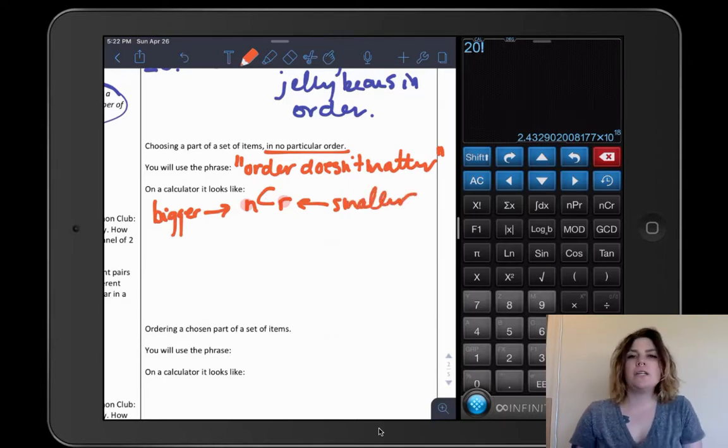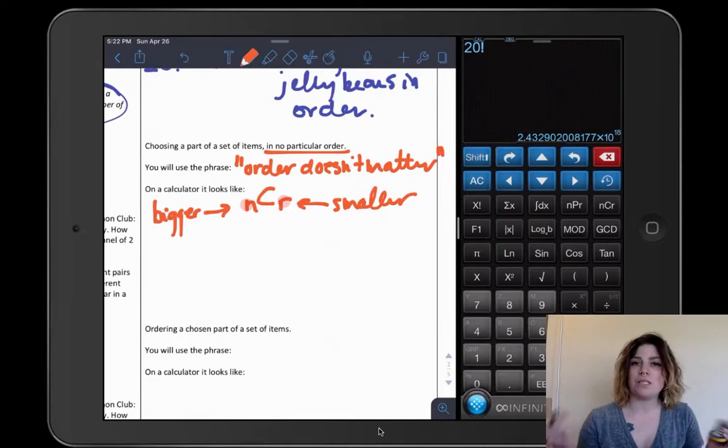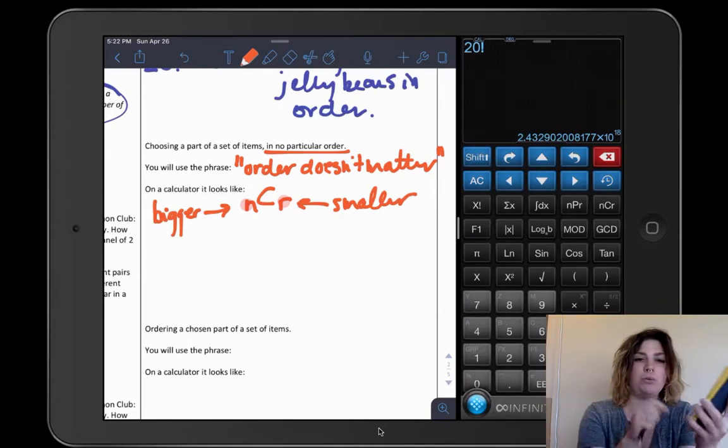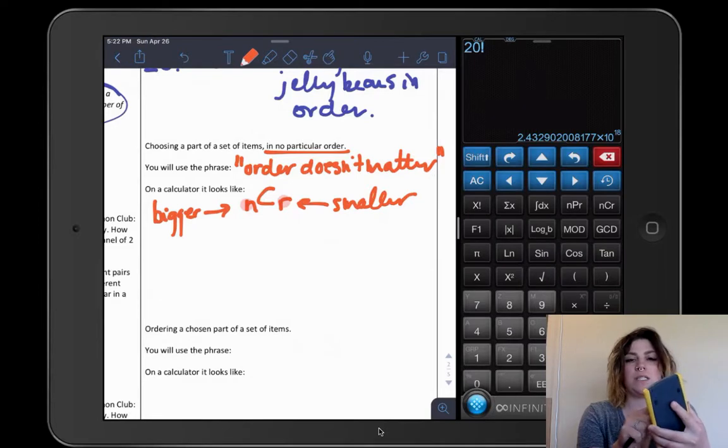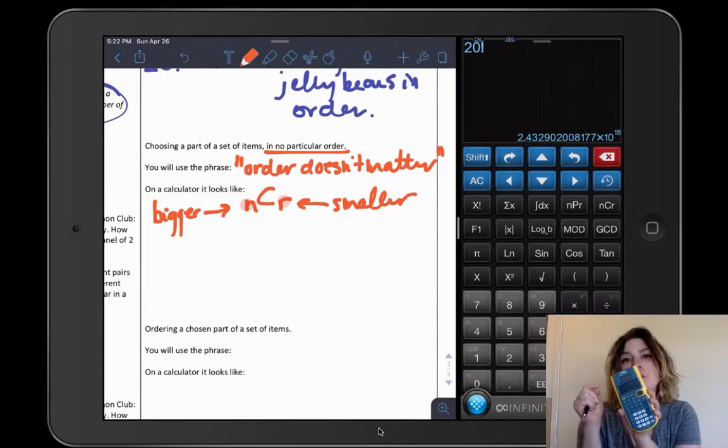So the idea here is you have a big group, so that's the bigger number, and you're choosing a smaller group out of that bigger group, so that's the smaller number. On your calculator, if you have one of these, you would put in the first number, so let's say we have 20, and then you would press the probability and find nCr, and then let's say the second number was 3, you put that in and you get 1140 for the answer.